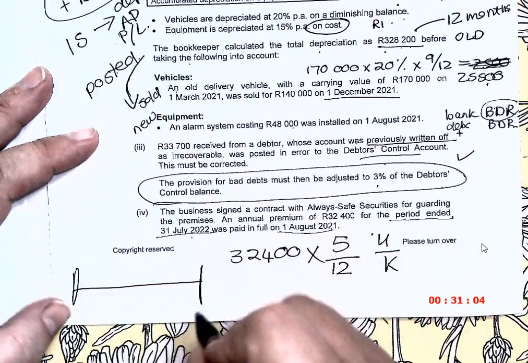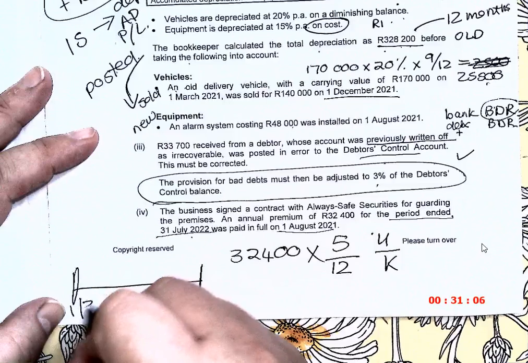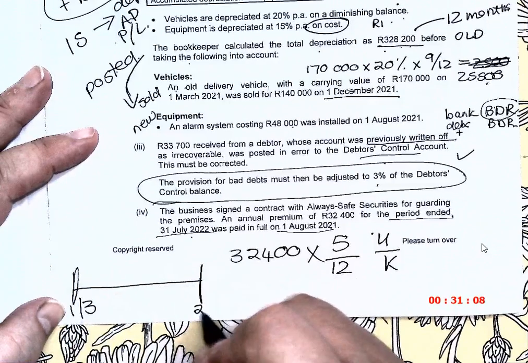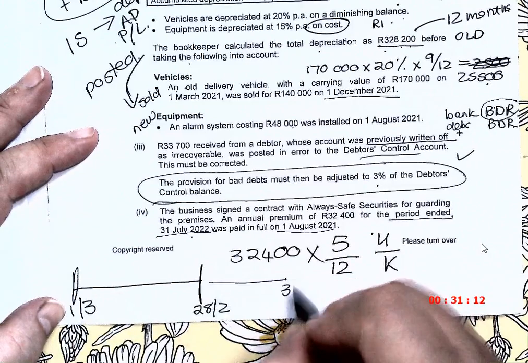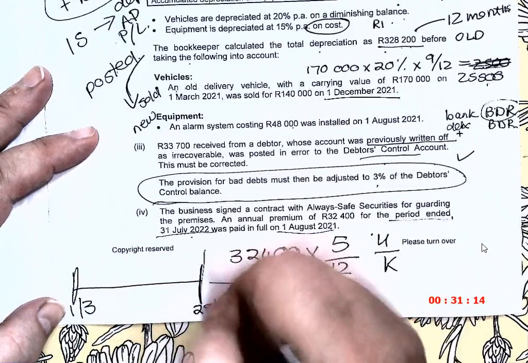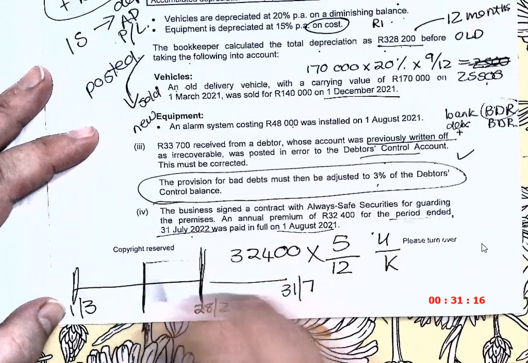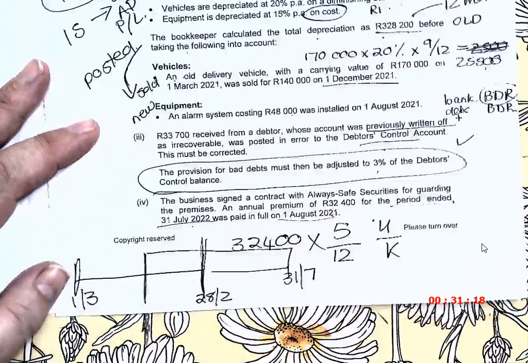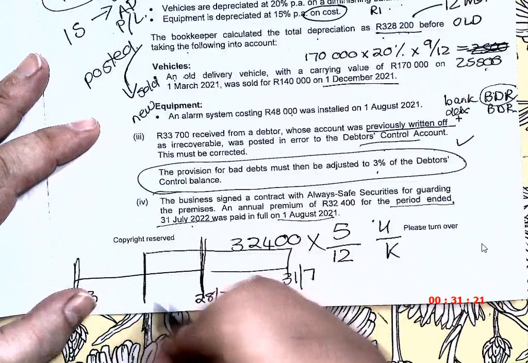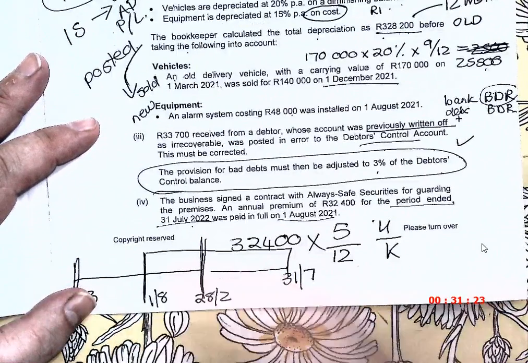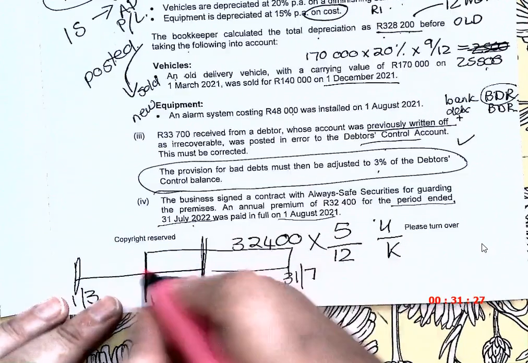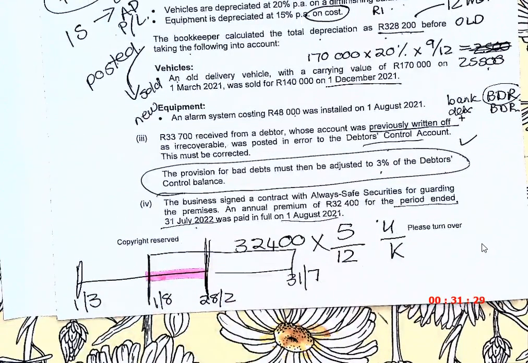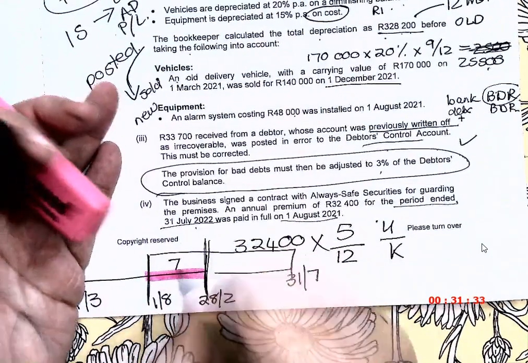Let me just show you. So my year starts 1st March, 28th Feb. This ends 31st July. So you can ask yourself, if this contract was made on the 1st of August, the 1st of August till the 28th of February is August, September, October, November, December, January, February, 7 months.